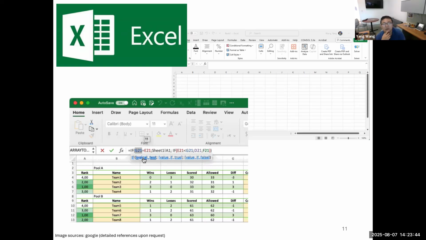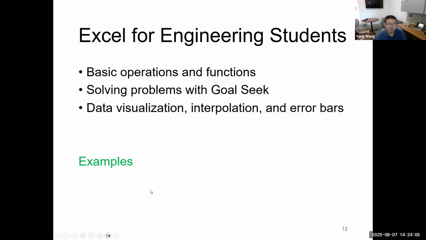That's where the computational tools become important. So this is the user interface of Excel. This is the user interface that you see from Windows, and this is the one on Mac. But on either system, the functions are similar, and the programming is also similar.